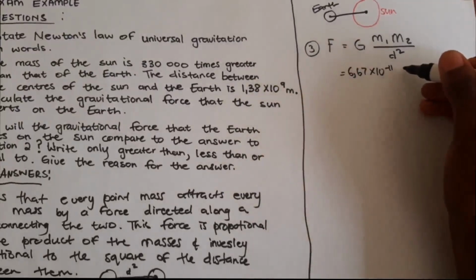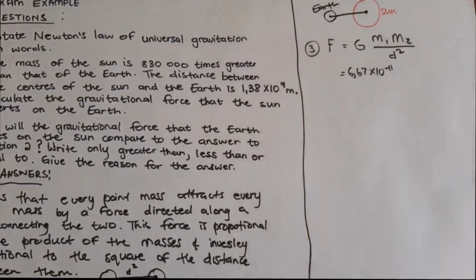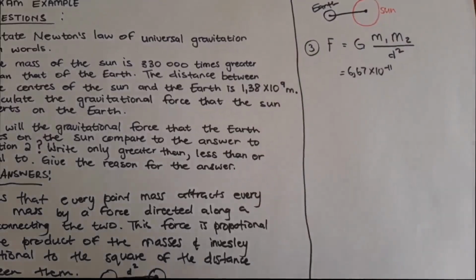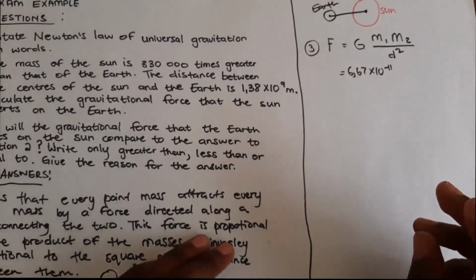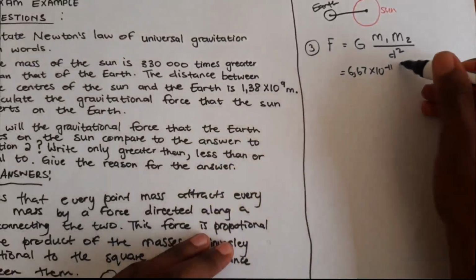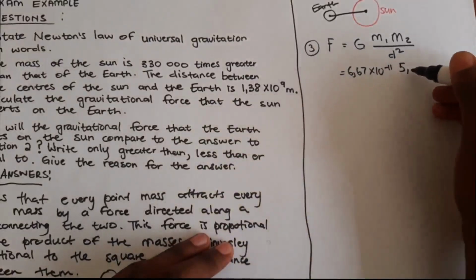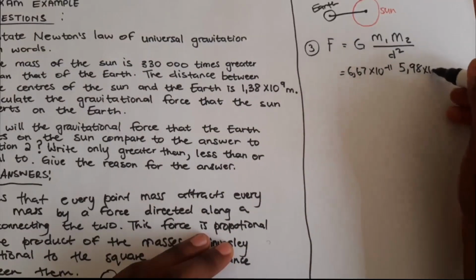What's the mass of the earth? Mind you guys, the mass of the earth is 5.98 multiply by 10 to the power of 24, right?